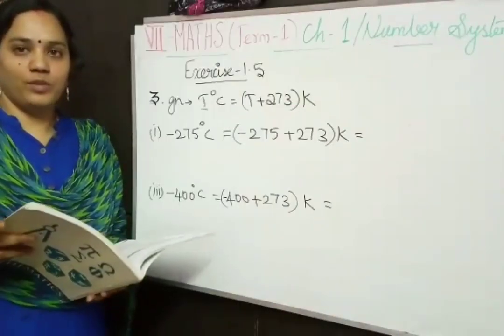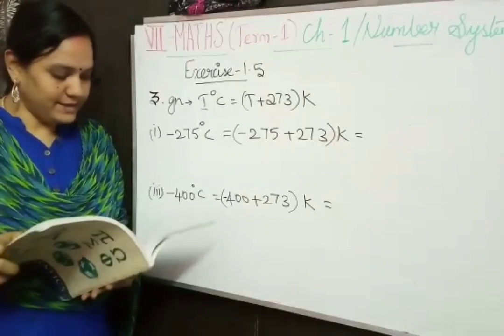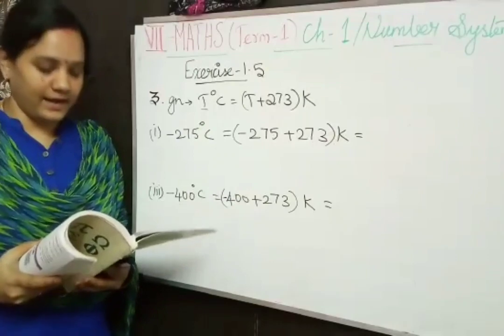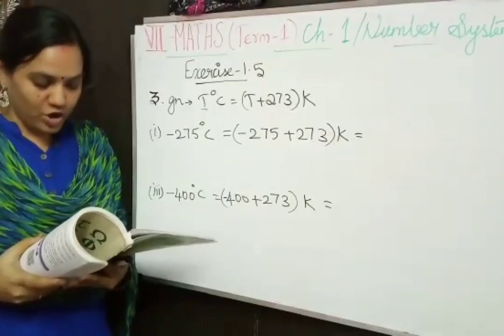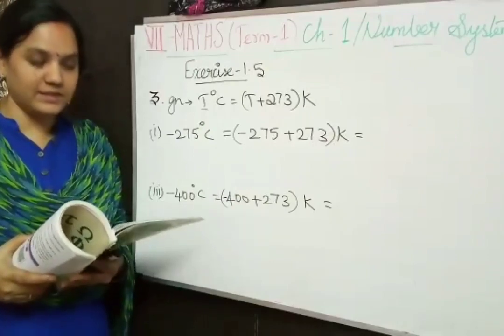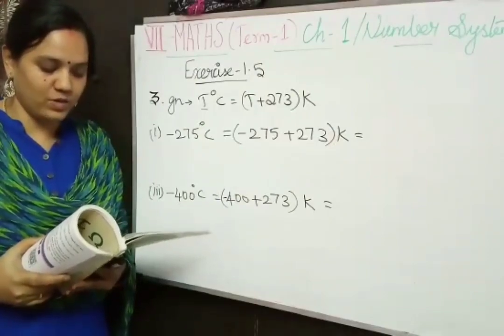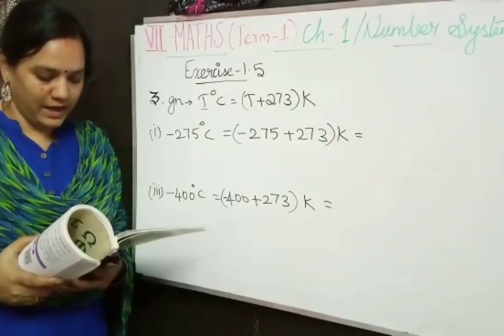So now the third problem: scientists use the Kelvin scale, K, as an alternative temperature scale to degrees Celsius, that is degree C, by the relation T degrees C is equal to T plus 273 Kelvin.